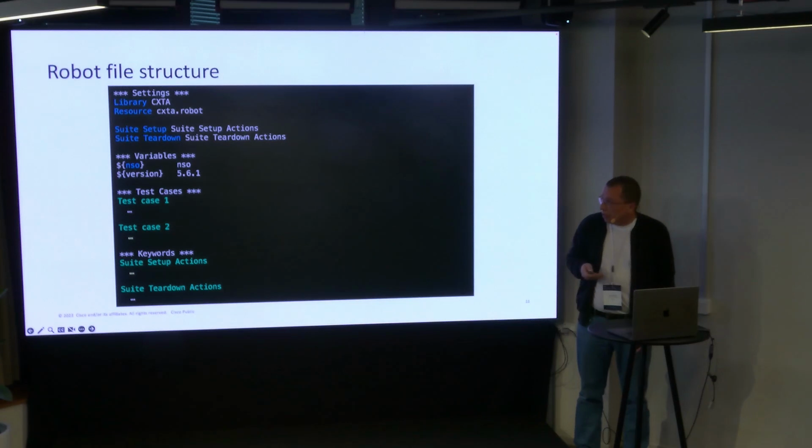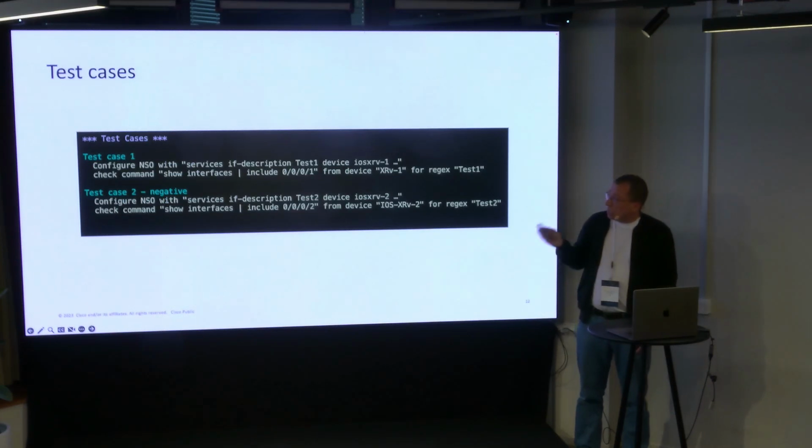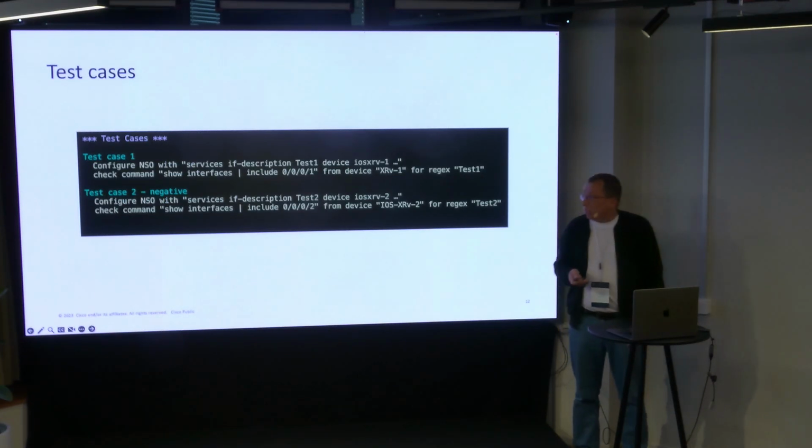Then we have the variable section. It's quite obvious. It just sets the things that you want to test, or if there are things that you are changing during the test, it's good to have them there. And then we have the test cases and keyword sections. The test cases are the things that we really test.